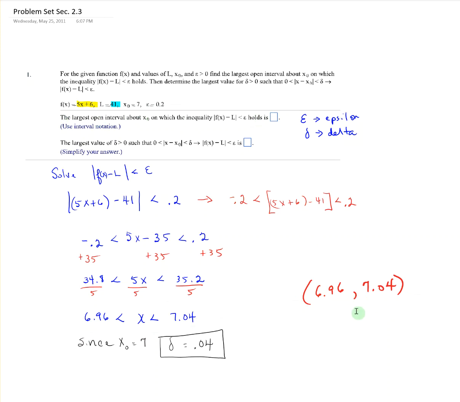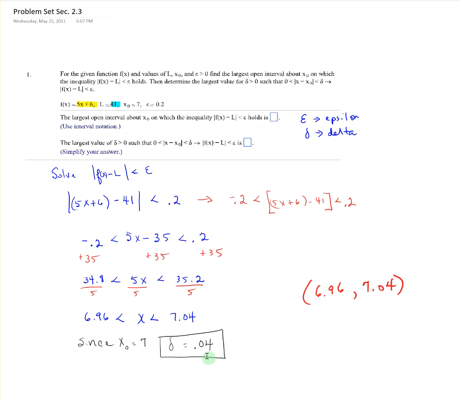So 6.96 to 7.04. And we're going to find the largest value of delta that makes this work. And since x sub 0 is 7, we're going to go with the 7.04. That will be our delta.